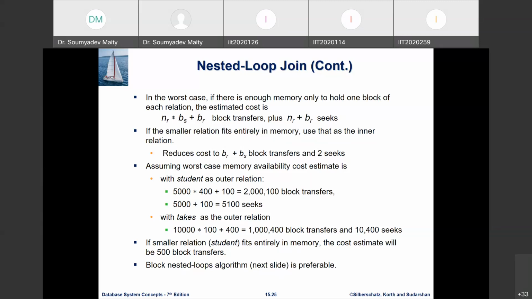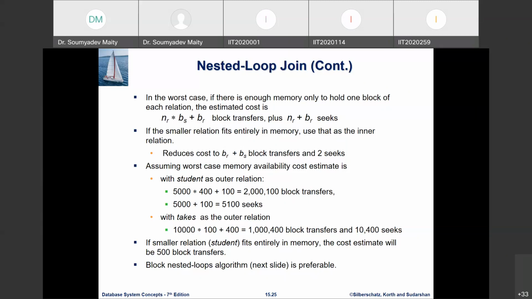What is the worst case scenario here? There is only that much memory available to perform this join so that you can accommodate only one block from each of the relations.